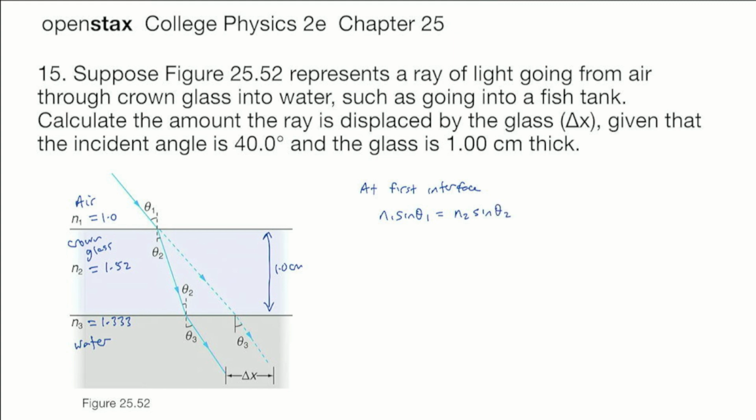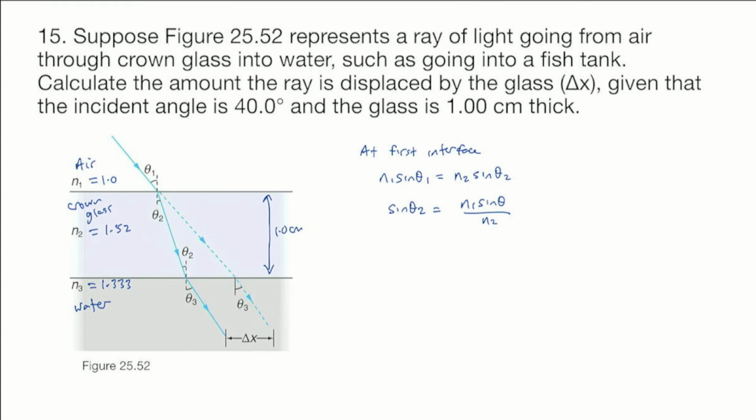Solve this for sine theta 2, and we get N1 sine theta 1 divided by N2. Now all we have to do is take the sine inverse of both sides, and we get theta 2 is the sine inverse of N1 sine theta 1 divided by N2.